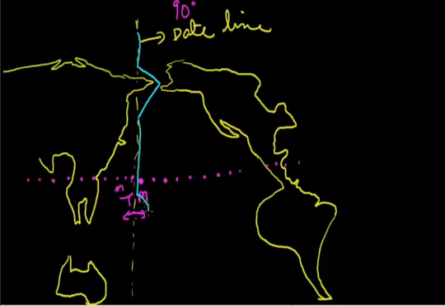Again we divert this line like this, this and this. The reason behind it is that the international date line should not pass through any one country. If it passed through one country, then we would see two different days in one country at a particular time.